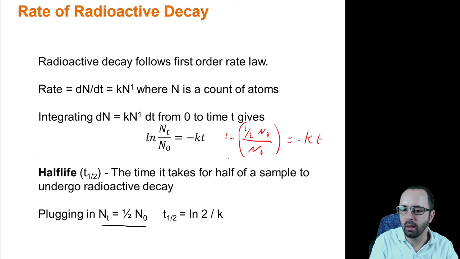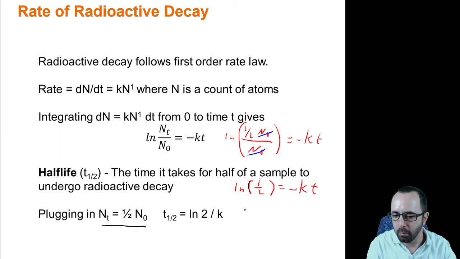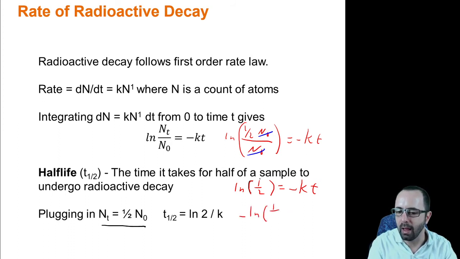Right here these cancel, and so you get the natural log of 1/2 equals negative kt. If we multiply both sides by -1, we get negative natural log of 1/2 equals kt.